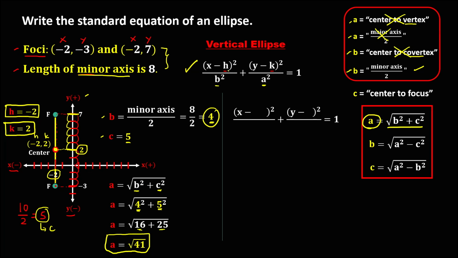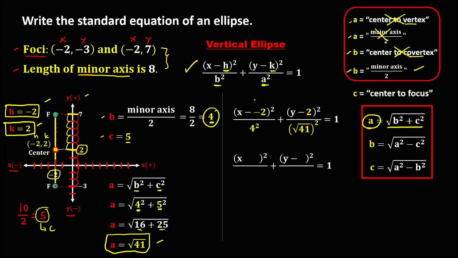So we have x minus h, and h is negative 2, then squared, then we have y minus k, k is positive 2, then over b squared, b is 4, so this is over 4 squared, then a squared, a is square root of 41, so square root of 41 to the power 2.